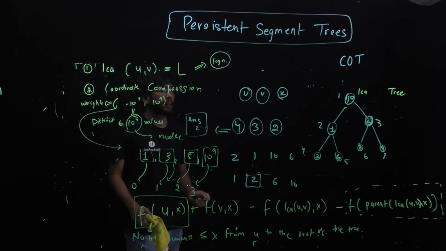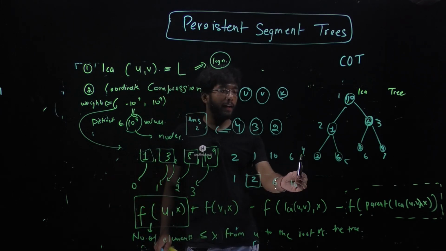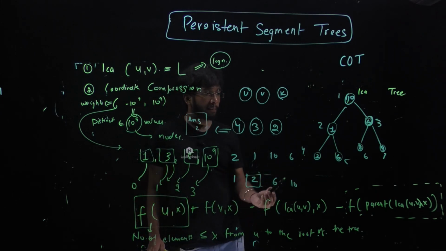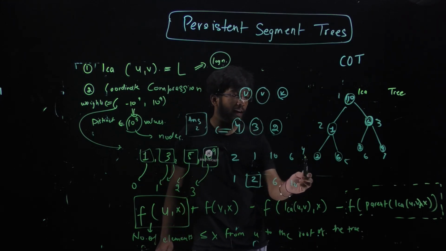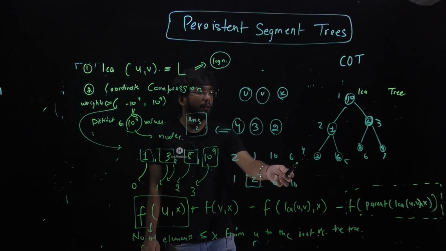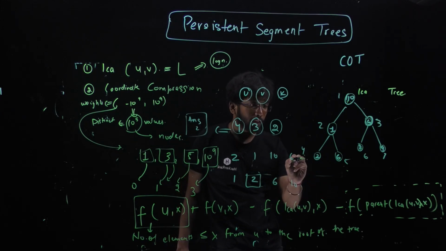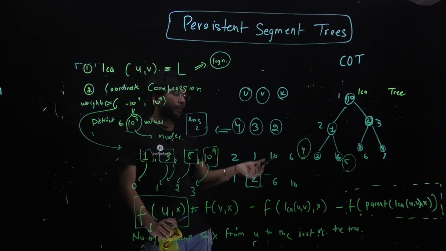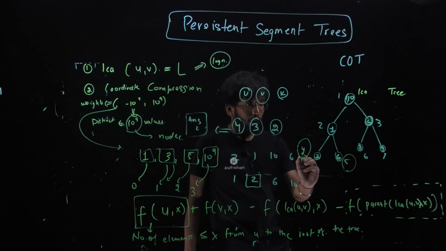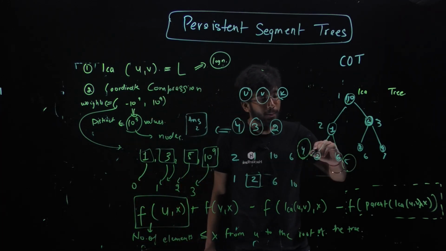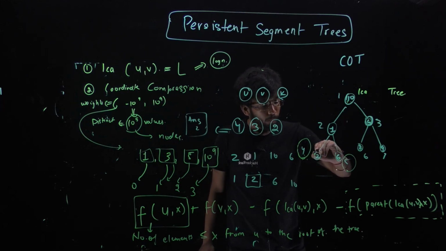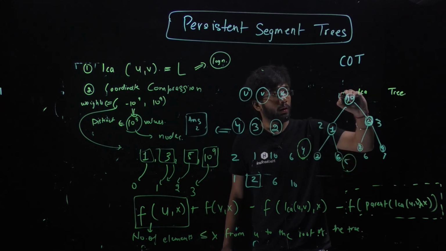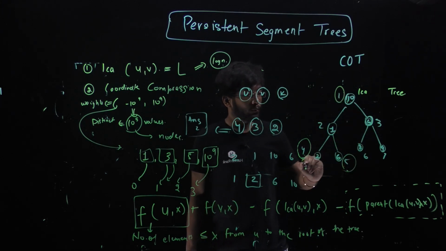So actually, let's assume I had to find all the elements in the path from node 4 to node 5. I can include all the elements that are from 4 to the root of the tree, which is 1.